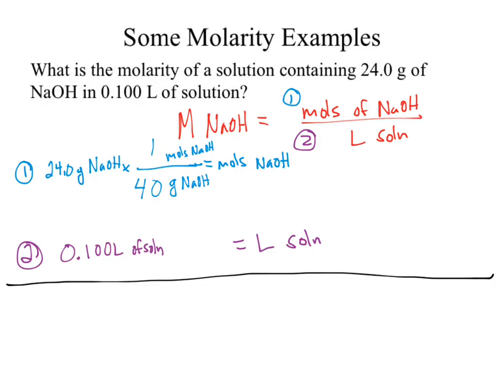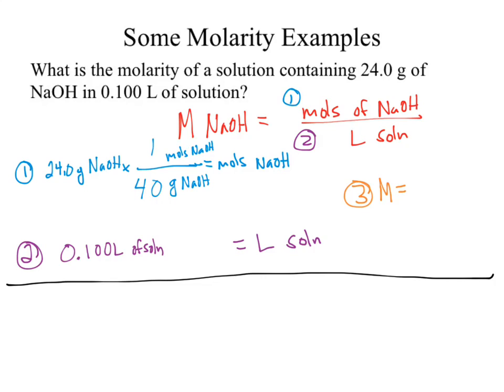Look at our units. Liters of solution versus liters of solution. We have the volume. It's solved. Done. No conversions. Nice. Our very last step, which I'll put up here in orange, is to actually solve for our molarity.